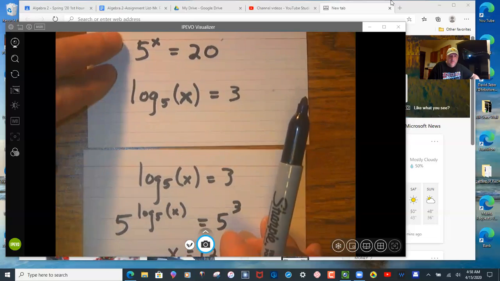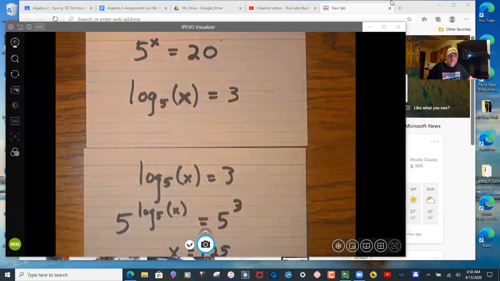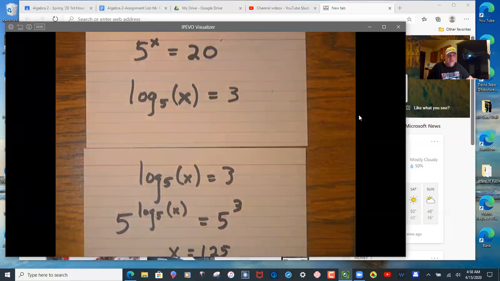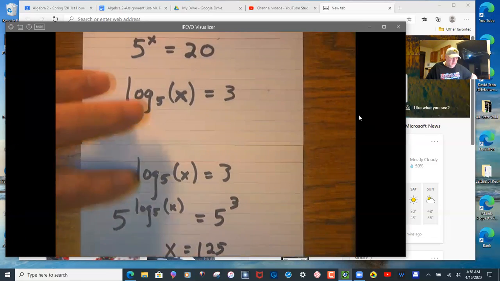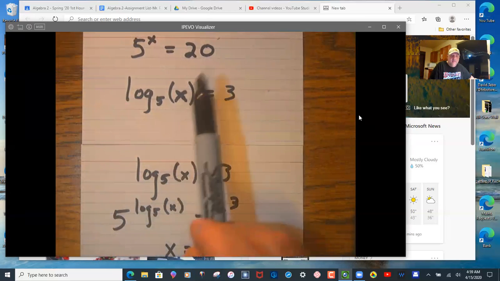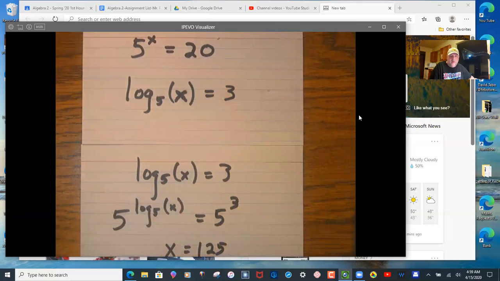You need to do some steps, some inverse steps to get both of those ready to apply the rule to solve. Same thing down here. You can't have anything multiplied in front or added on the end. And that's the simple approach to solving exponentials and logarithms.